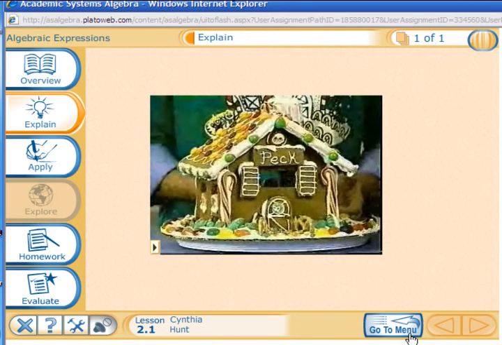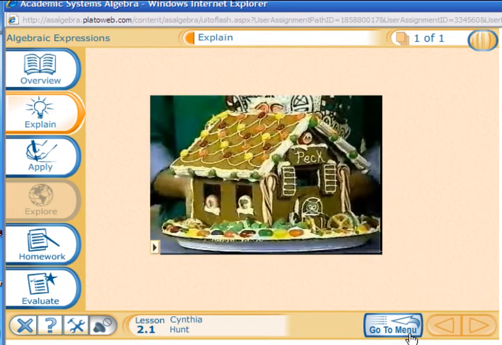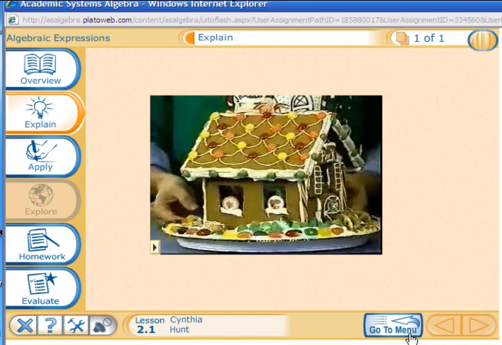As you can see, combining similar candies is important in decorating gingerbread houses. You will also see that combining like terms is important in algebra.